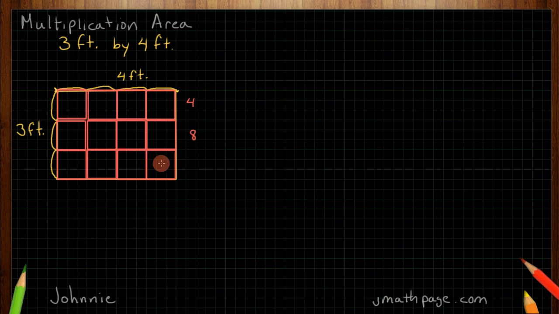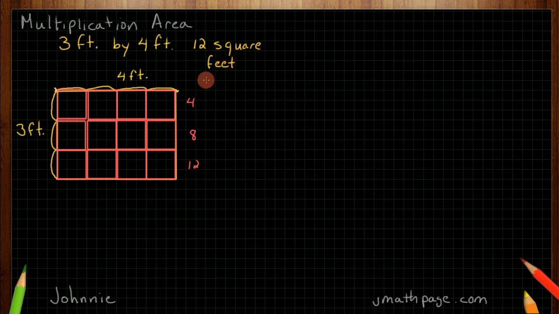If we add the next row, 9, 10, 11, 12, we have 12 squares altogether. Okay, that's important because 12 squares tell us the area of a 3 foot by 4 foot rectangle or rug. So a 3 foot by 4 foot rug has an area of 12 square feet.